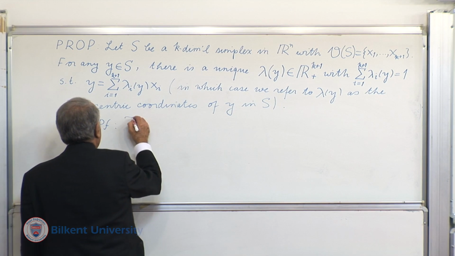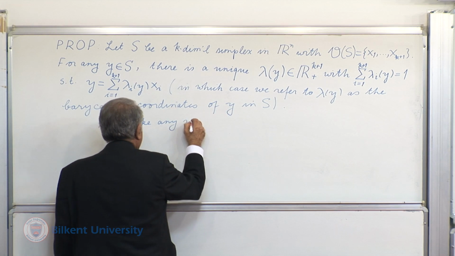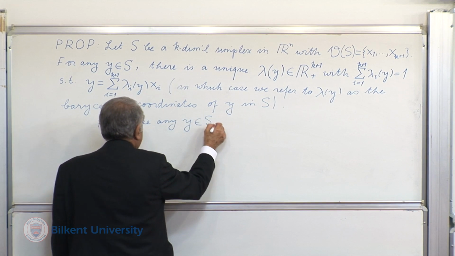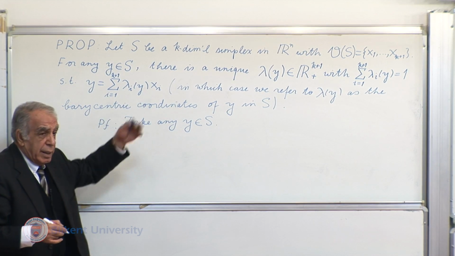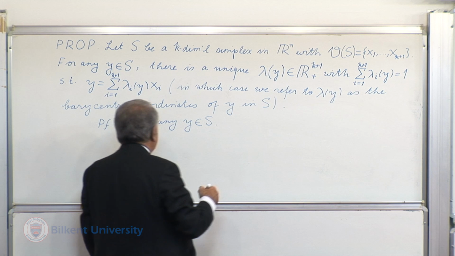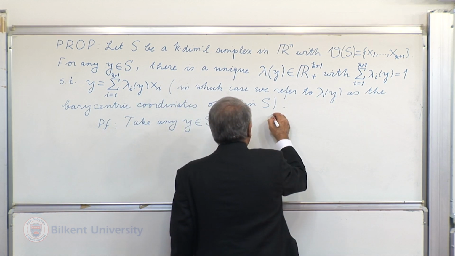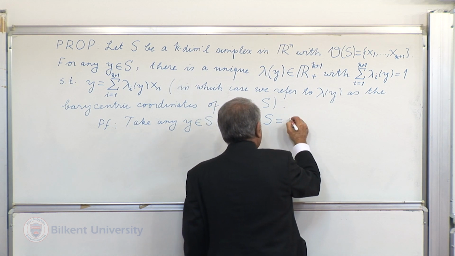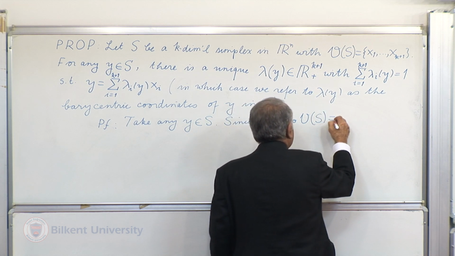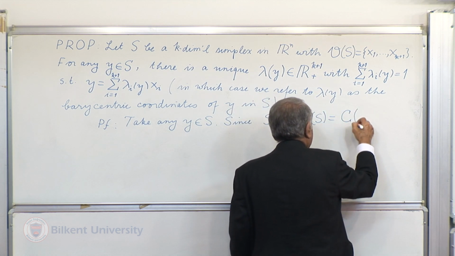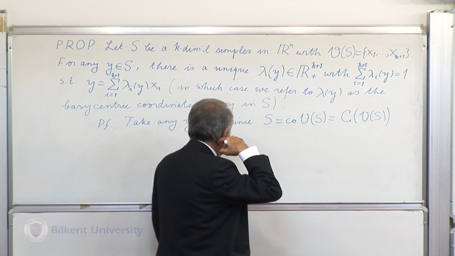Well, take any y in S. The existence of lambda y follows since S is the convex hull of V of S, and V of S is finite.